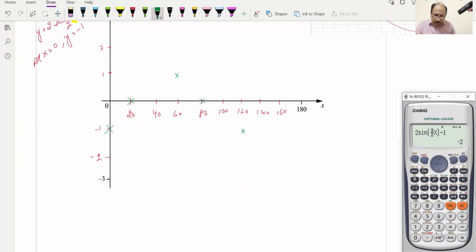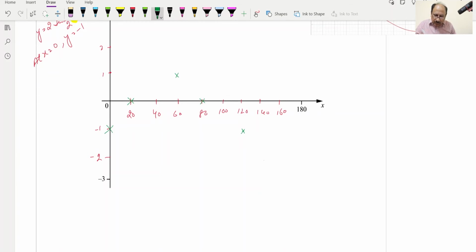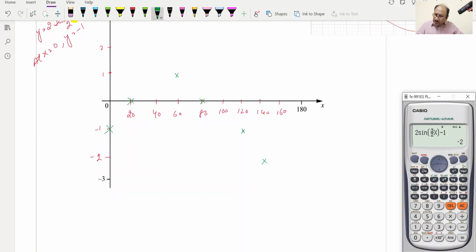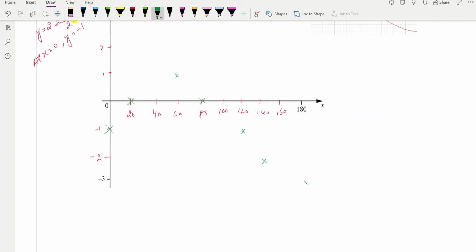So we can take the -2 value over here, and now we will check for 160. Calculate for 160, and this is equal to -2.7 something. So we'll ignore this decimal value. We'll calculate for 180, which is equal to -3. So the -3 point will be roughly like this one.